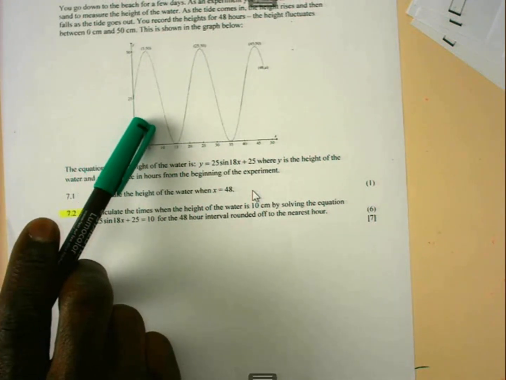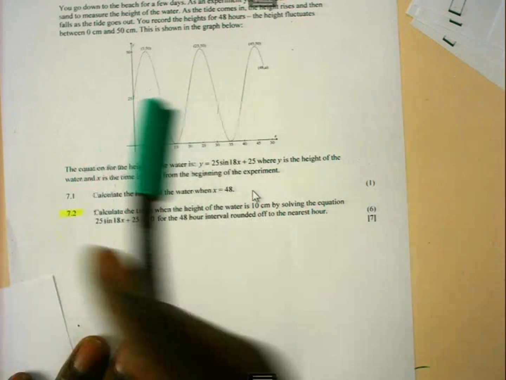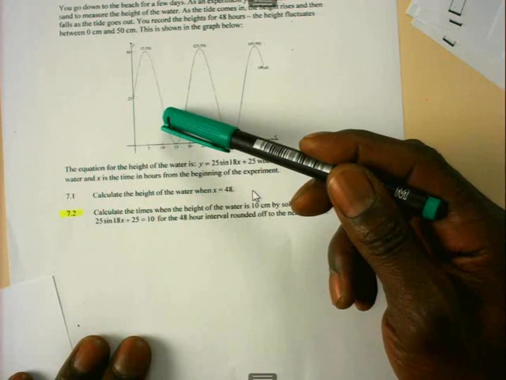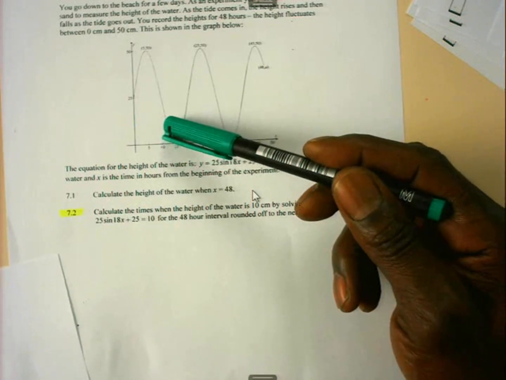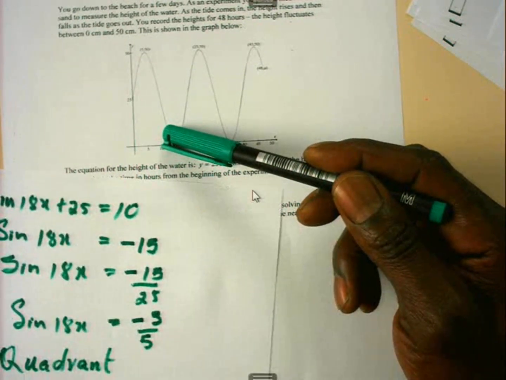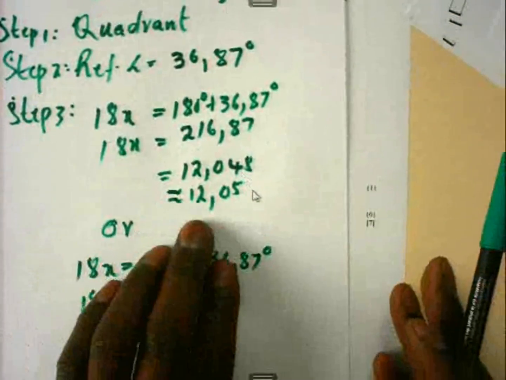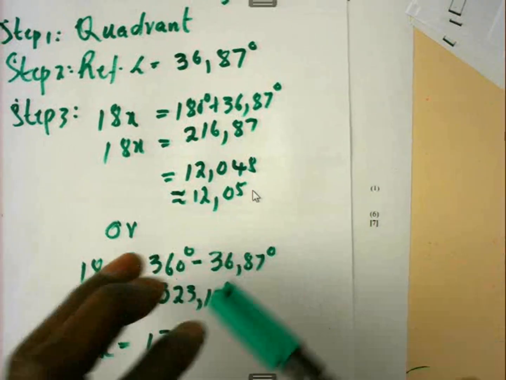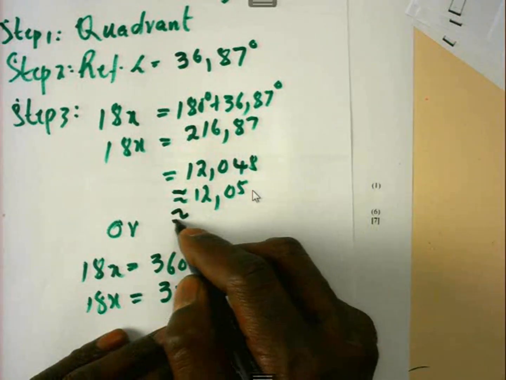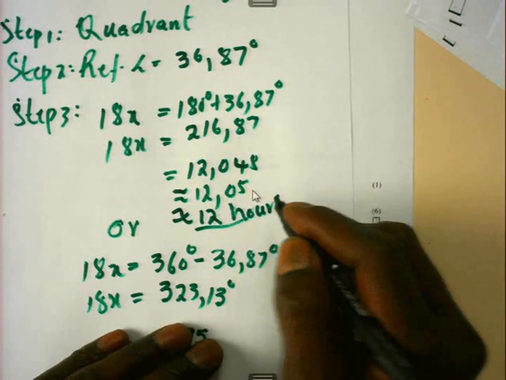Now if we move along here and come to this graph, we look at that point, we look down there. This value must be just more than 10 hours, and our answer of 12.05 agrees with that, which to the nearest hour will be 12 hours.